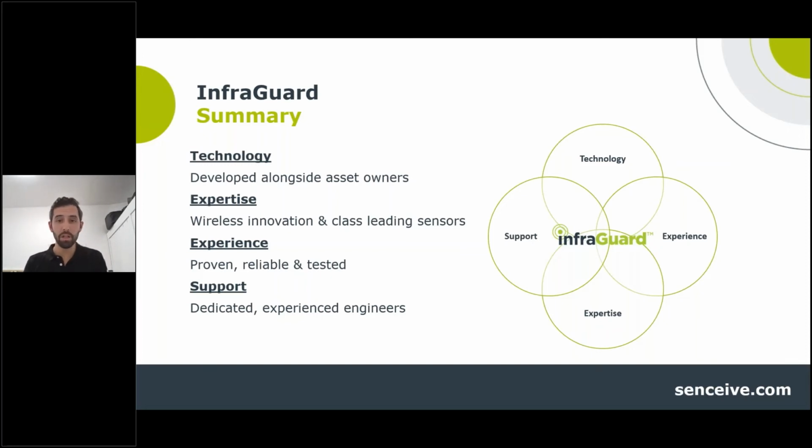It's having the technology itself, and then it's having a combination of not just Senceive, with our very experienced engineers and technical staff and business development professionals, but also the partners and companies that we work with, who are all there installing, maintaining, and monitoring assets with this technology.